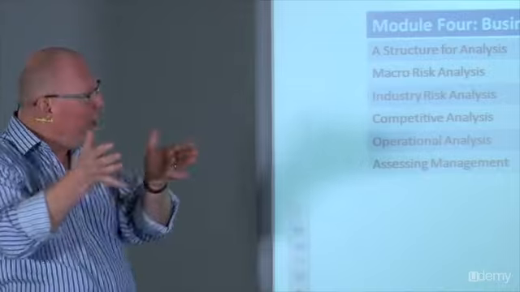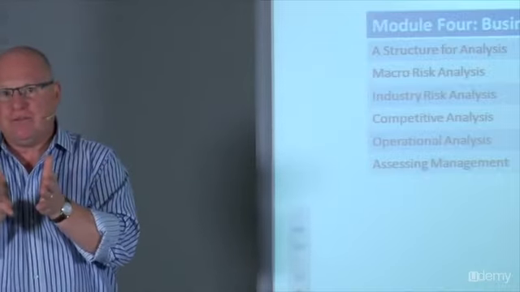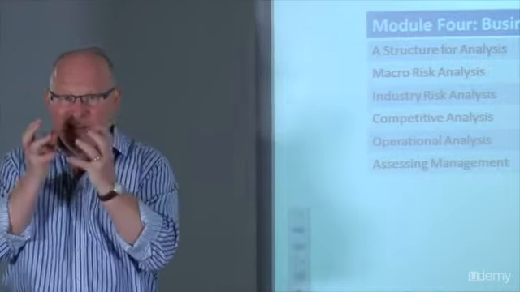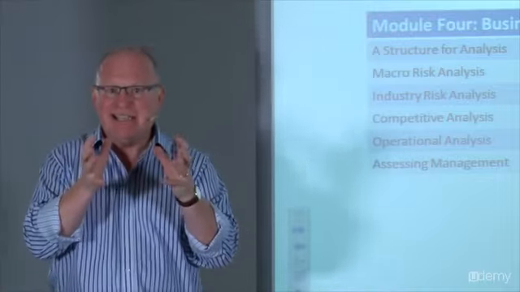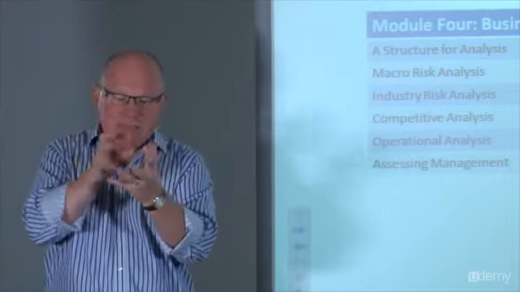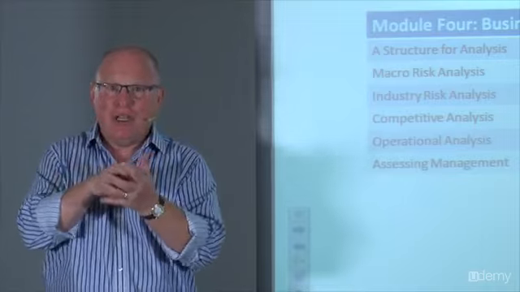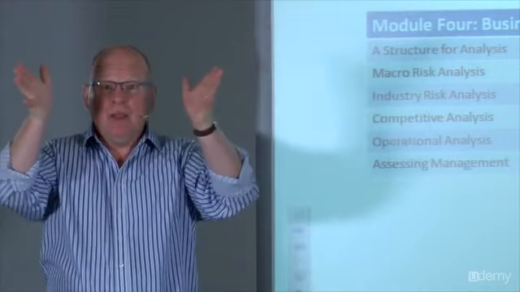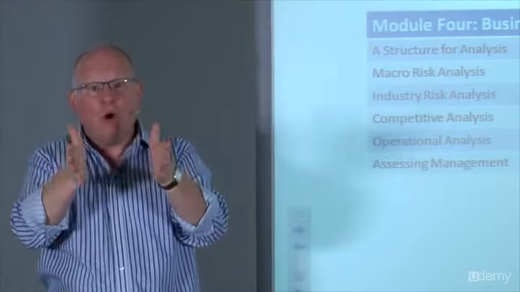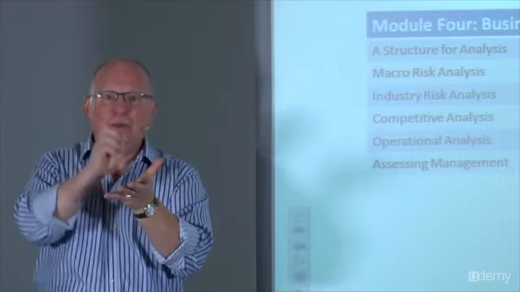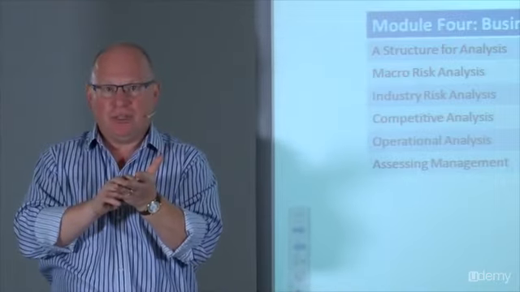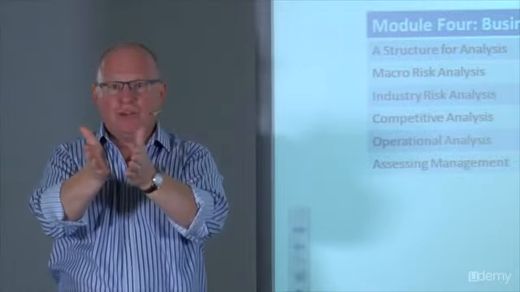Then we'll come down and look at the industry itself. So having defined the industry that the business is in, what are the specific risks in that industry as opposed to the general risks? And then we're going to come down and look at the corporate or the company, its position within its industry. It's a funnel approach.